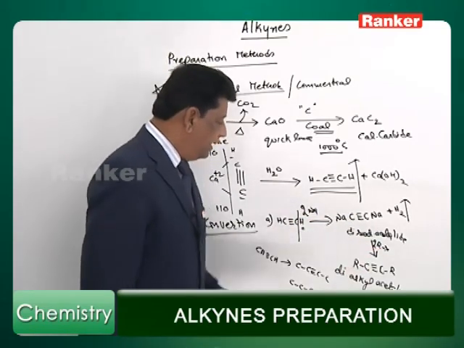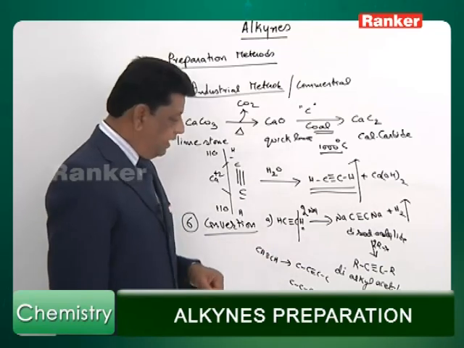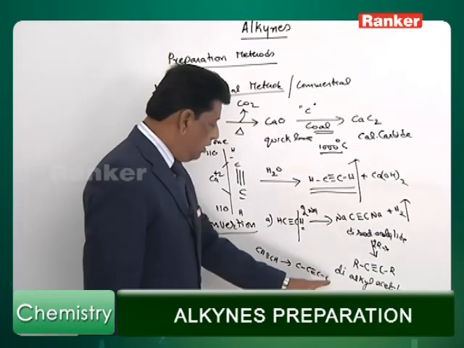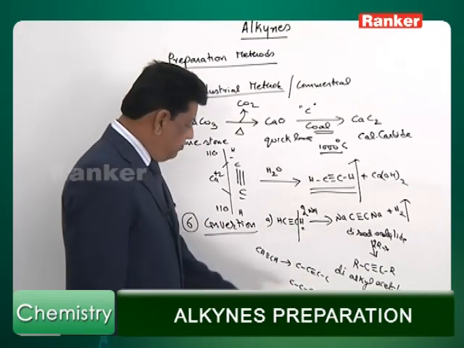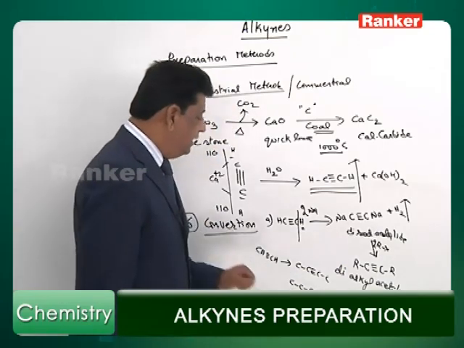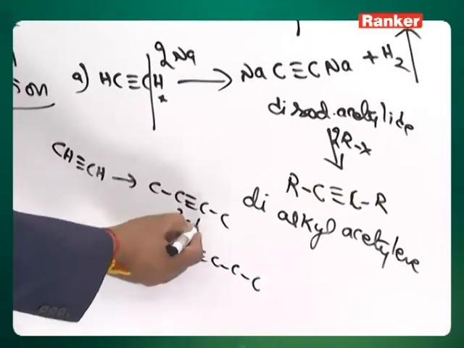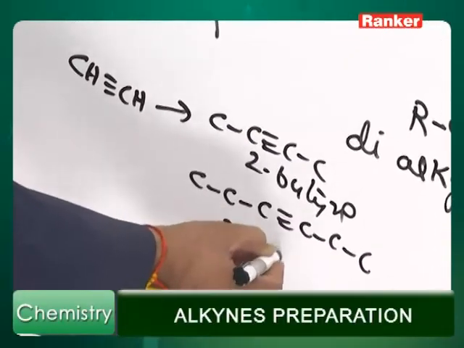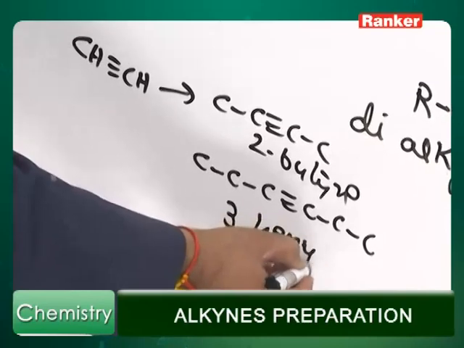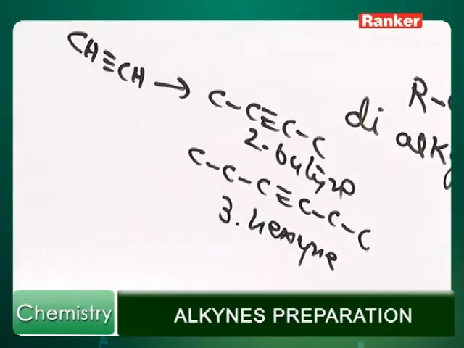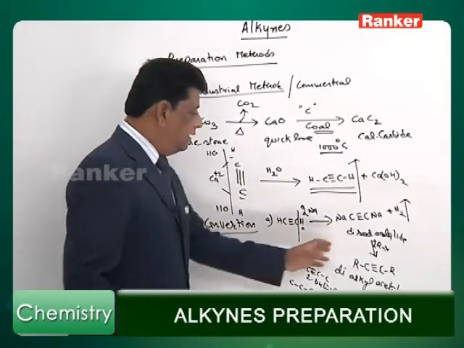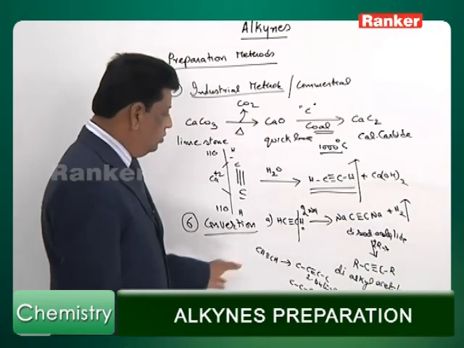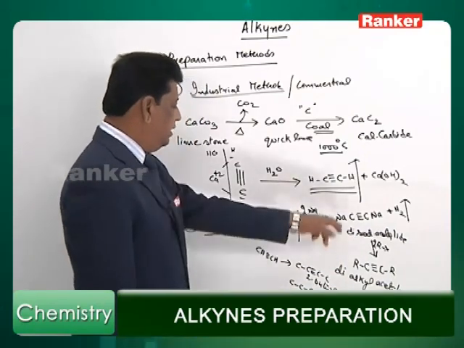Then in the place of RX, use methyl chloride so that 2-butyne comes. If you use ethyl chloride, you will get 3-hexyne. This is 2-butyne. This is 3-hexyne. Similarly, 4-octyne and so on. Both sides the R's are symmetrical, identical R's coming at a time.